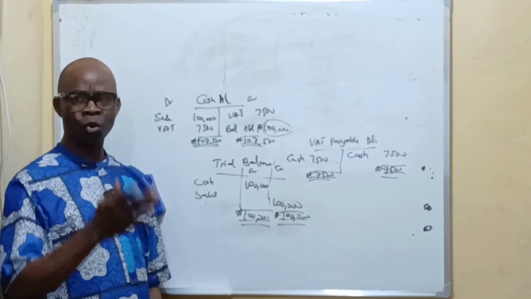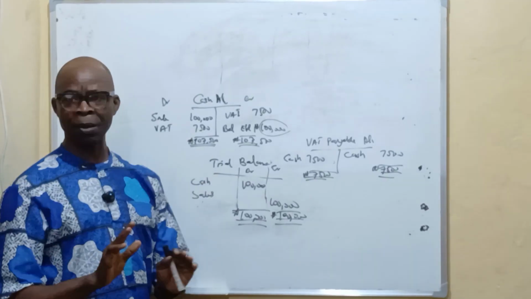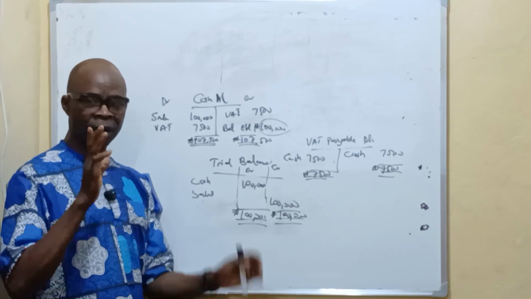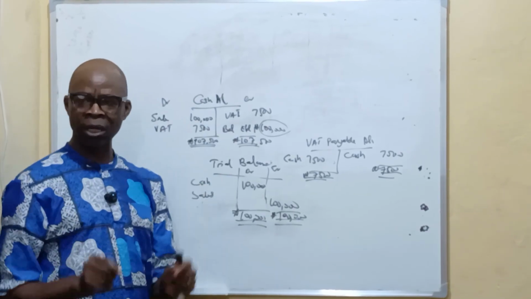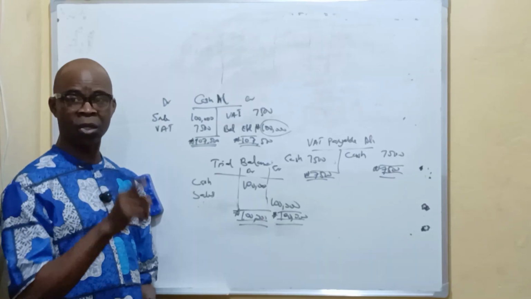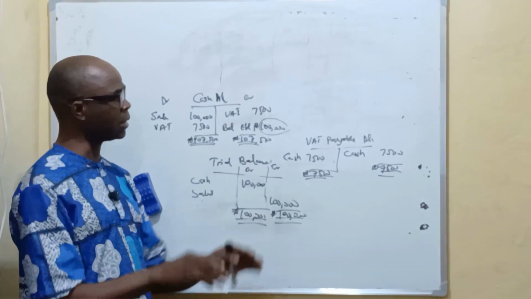If you follow this simple rule, you will not default with the government. So please do not make the mistake of recording the entire 107,500 as your income. Only 100,000 is your revenue. The remaining 7,500 is a liability to the government.